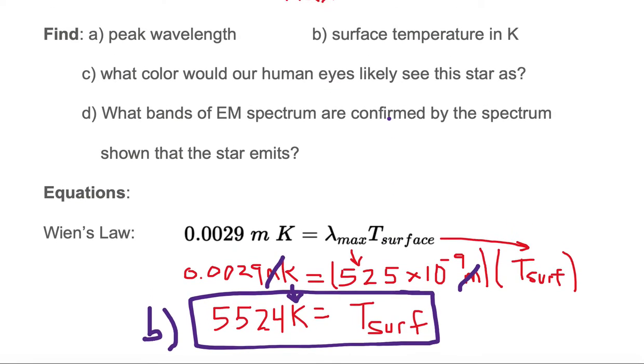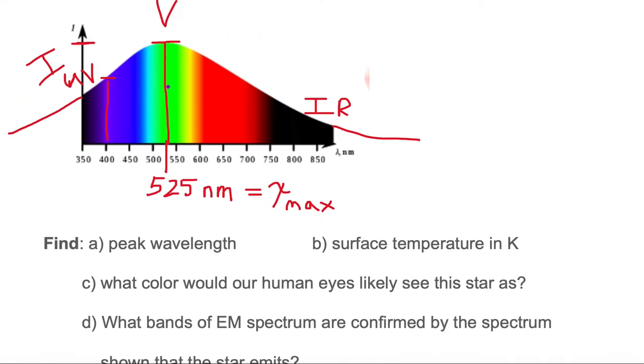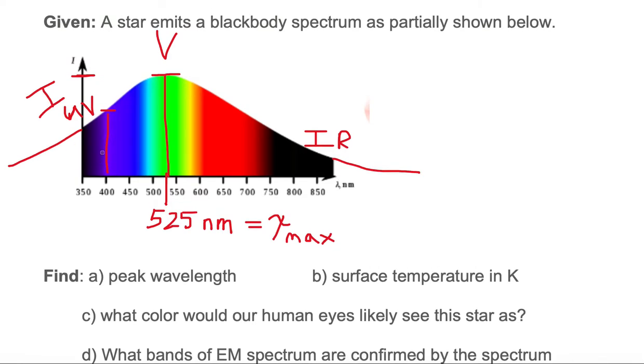Now answer C is the answer to the question, what color would our human eyes likely see the star as? Well, we need to go back to our graph. We wouldn't see it really as purple, so I'm going to erase that. Now it emits a lot of green light, but notice over here the intense amount of red light being emitted.